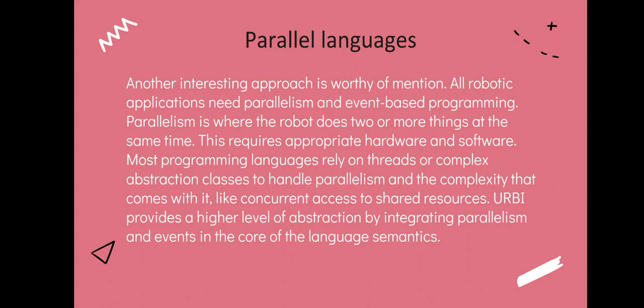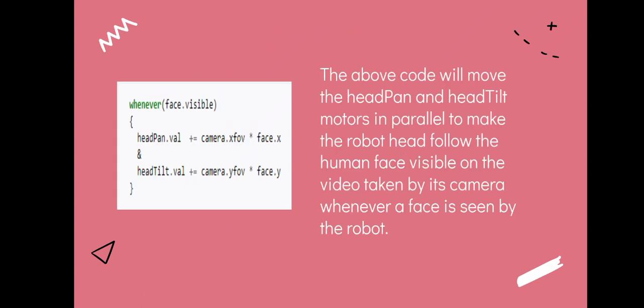URBI provides a higher level of abstraction by integrating parallelism and events in the core of the language semantics. So, the above code will move the headband and head tilt motors in parallel to make the robot head follow the human face visible on the video taken by its camera whenever a face is seen by the robot.